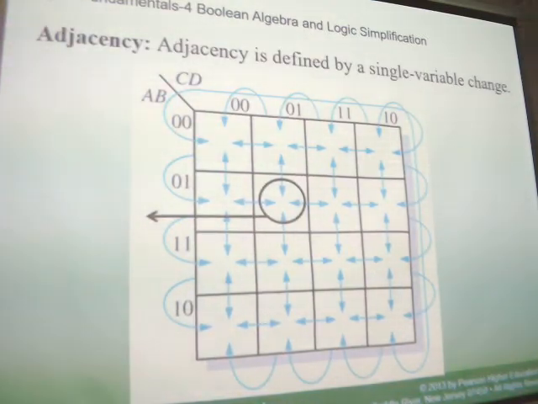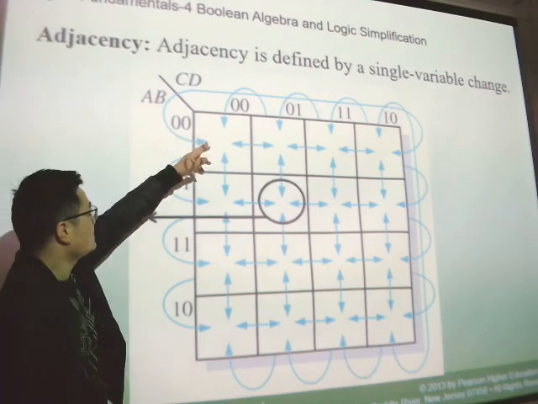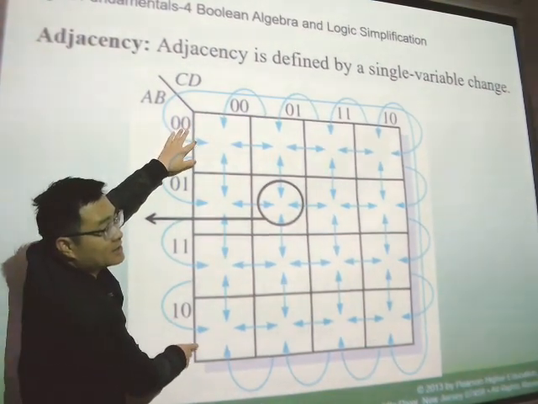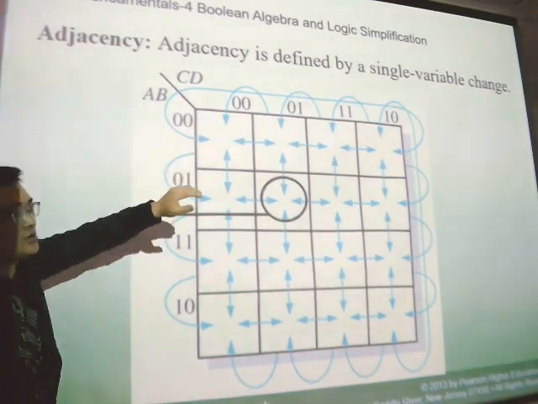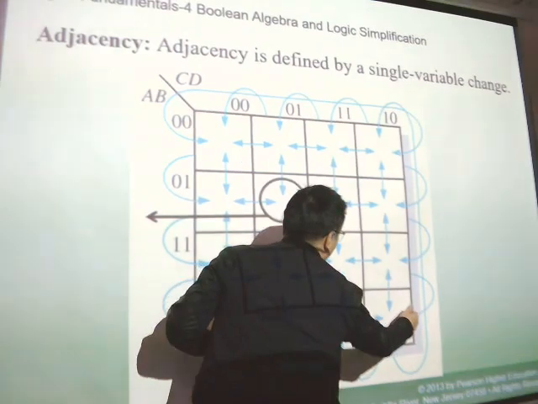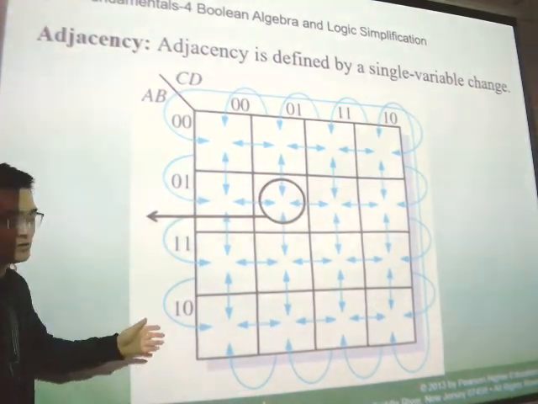In the Karnaugh map, we must know that these 2 cells are nearby each other, so they are adjacent, and these 2 cells are also adjacent to each other.